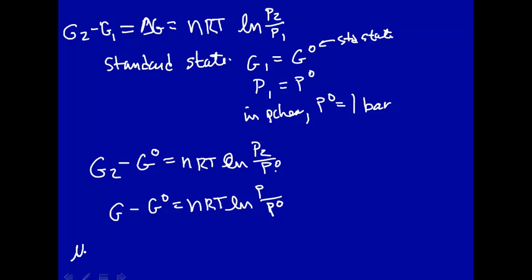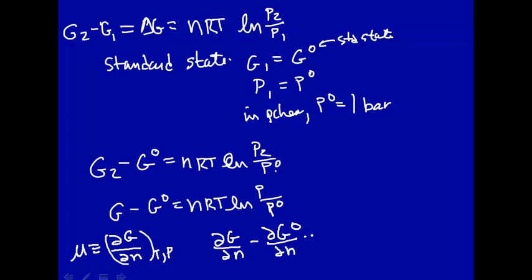Furthermore, we know that mu we defined was how G changes with n at constant temperature and pressure. So if we take the derivative of this with respect to n, we have how G changes with n minus how G0 changes with n, and that's equal to, the n will go away, just RT times the natural log of P over P0.